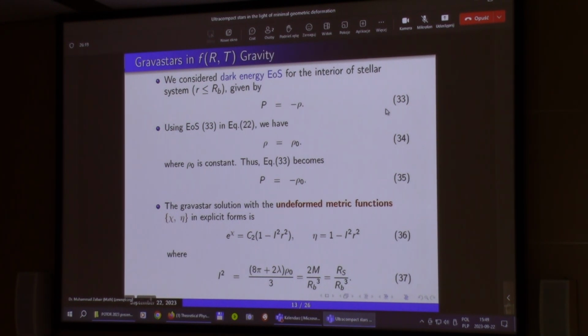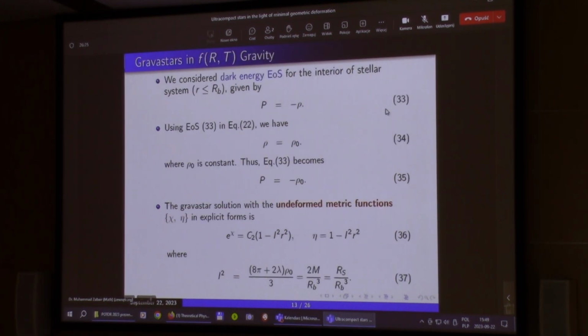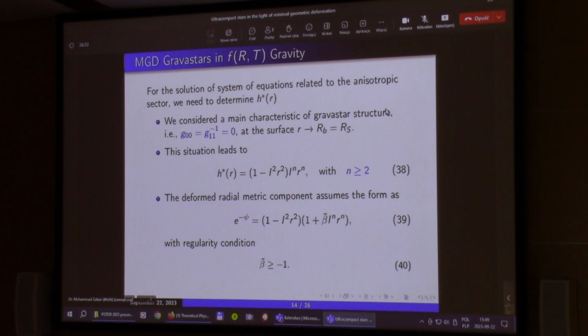Okay, now if we calculate these unknown functions, then we have to think about the G static, which was reduced to represent the MGD approach.